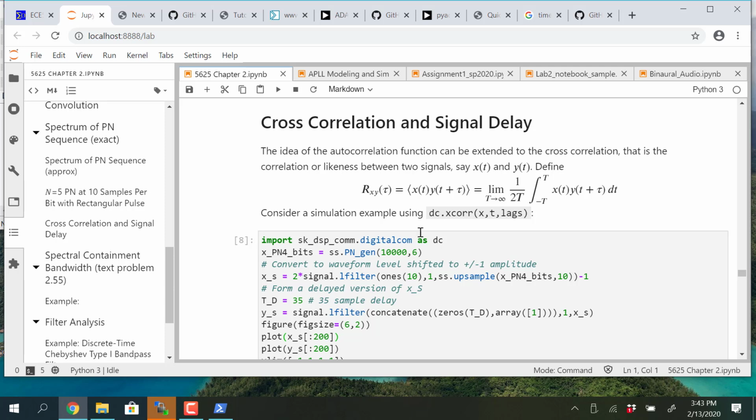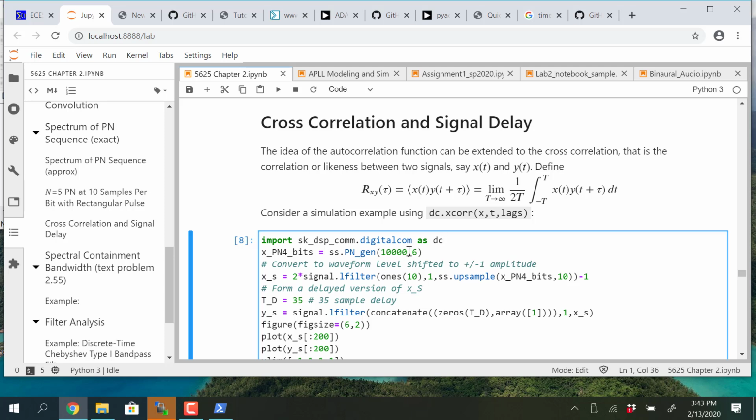There's a function in scipy.signal, but originally I wrote a version of it in the digital comm module, which is in scikit-dsp-comm. So I import that, and then I have access to xcorr, which stands for cross correlation.